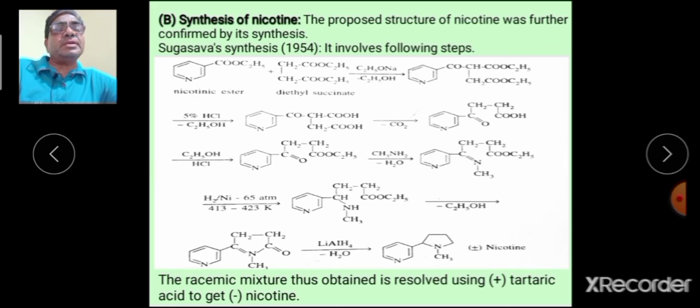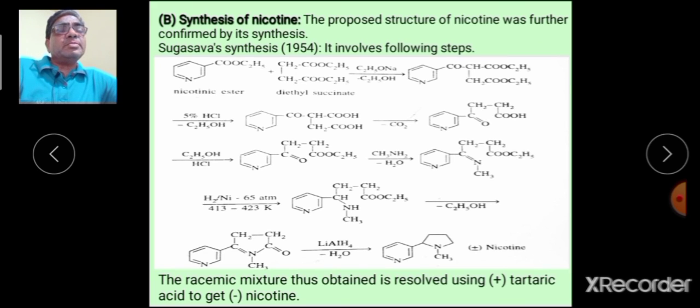Treatment with diethyl succinate in the presence of sodium ethoxide evolves an ethanol molecule and forms this compound, which on further treatment with HCl undergoes hydrolysis and the diester is converted to a dicarboxylic acid. This dicarboxylic acid on heating gives a monocarboxylic acid, which on esterification with ethanol gives the ethyl ester.